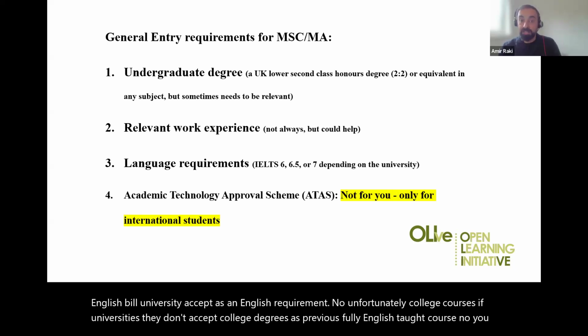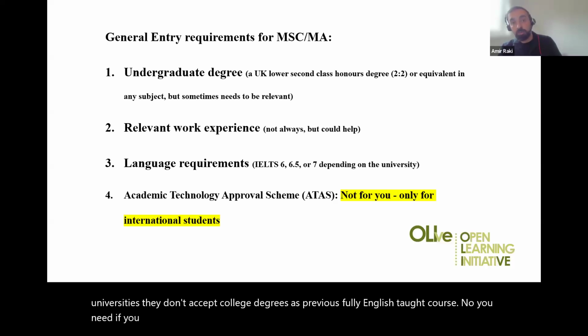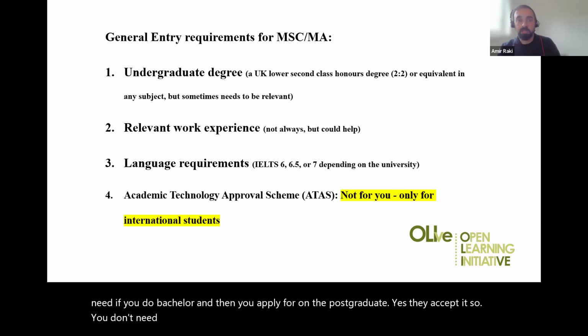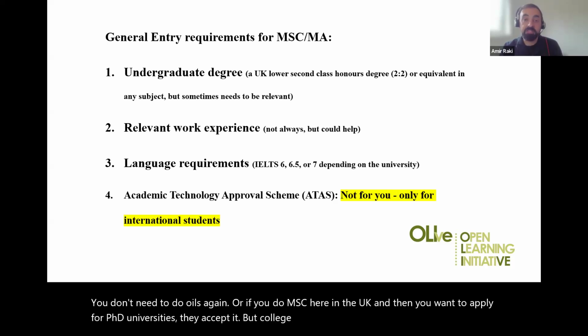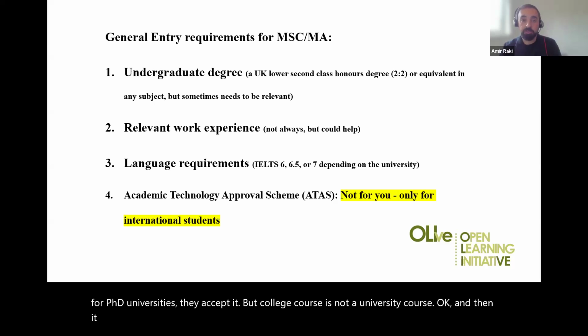If you do a bachelor and then you apply for postgraduate, yes, they accept it, so you don't need to do IELTS again. Or if you do an MSc here in the UK and then you want to apply for a PhD, universities accept it. But a college course is not a university course, okay? And then it cannot help with the language requirement.